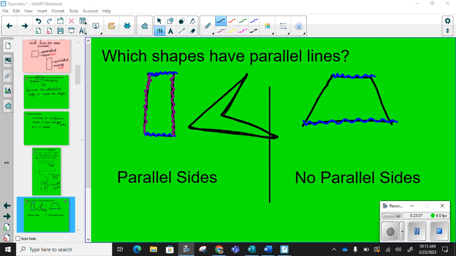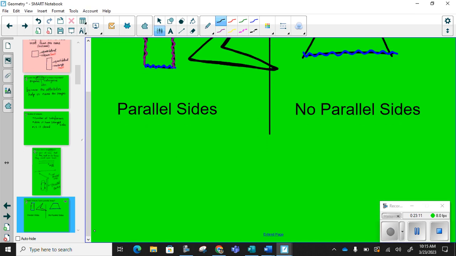What about the shape that looks like that? Find that shape. Use your hands. Use your fingers.